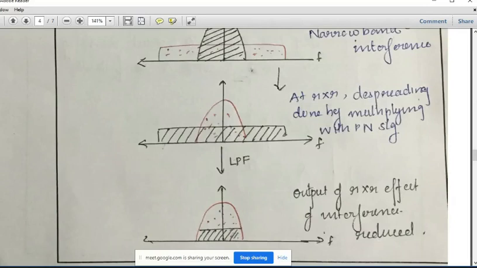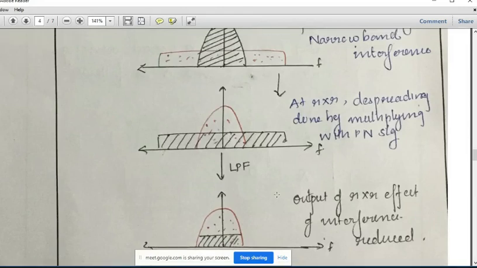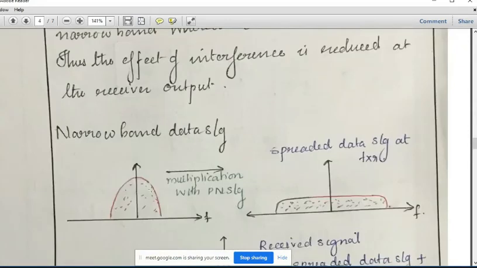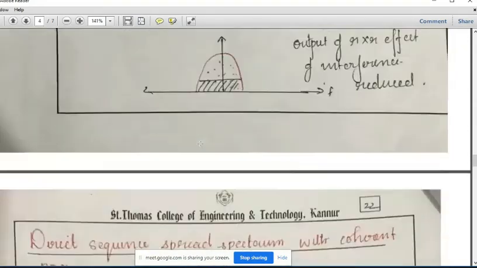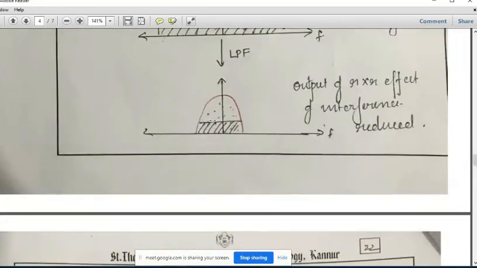So we can see that by passing through the low pass filter, only this portion gets passed through, and the rest of the interference doesn't pass through the low pass filter. Only this portion and the interference which belongs to this portion pass through. So at the output we get our B of t, the narrowband signal we originally passed, but it has some interference also.